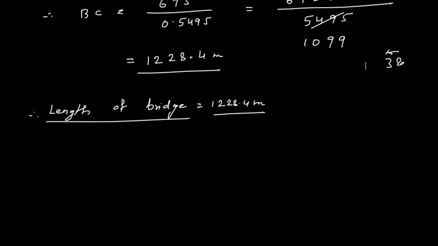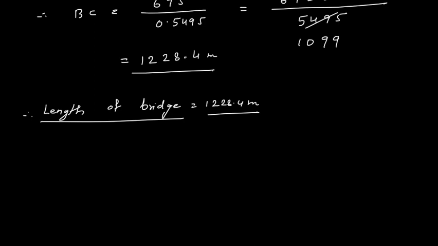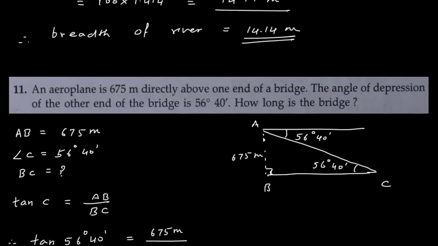You can keep this as it is, in a box as rough work. So this is the 11th question. In all the questions, the prime importance is to understand the question and draw a suitable diagram, and then you have to use either sine, cos or tan ratio, and you can easily find the answer.